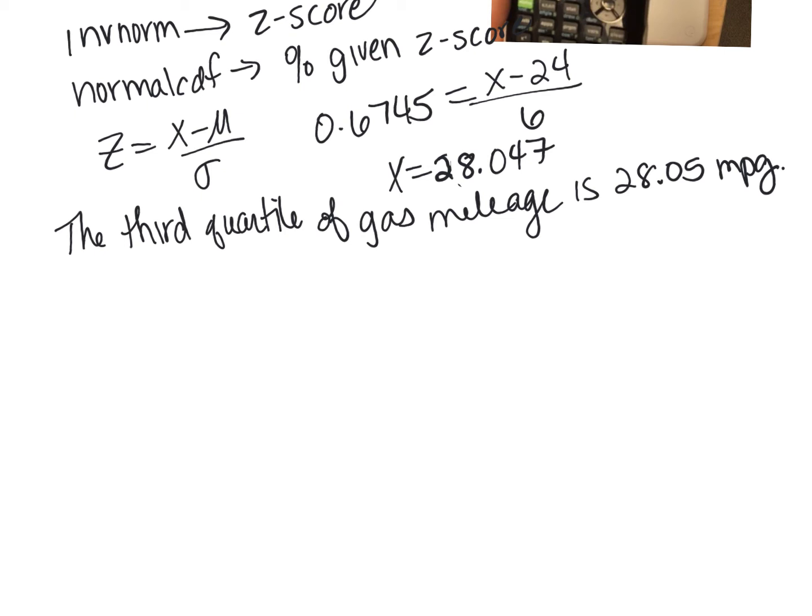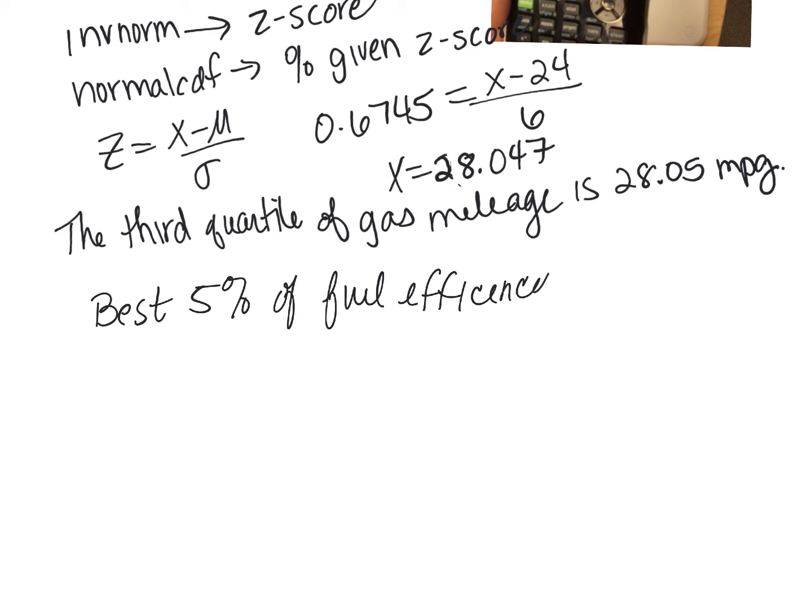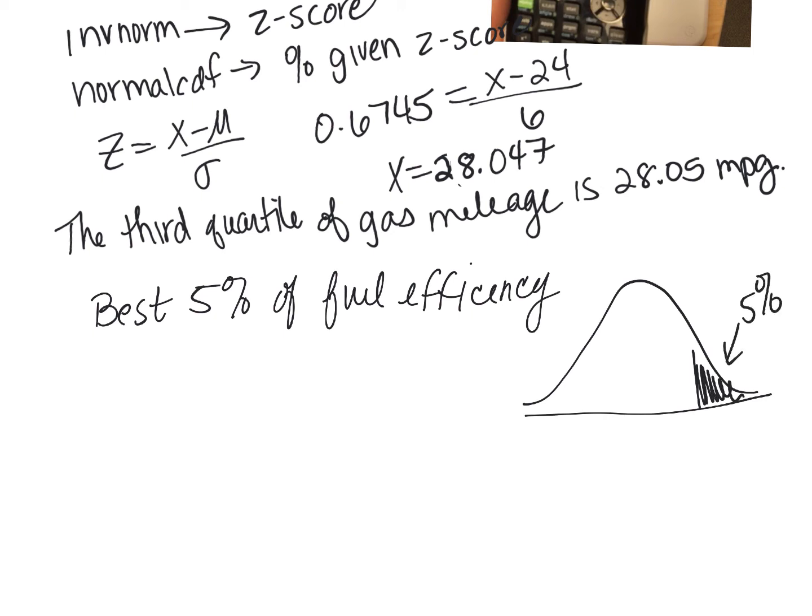So the best 5% of fuel efficiency. What does the best 5% of fuel efficiency look like? If we look at a normal model, the best is going to be up here, right? So 0.95? Right.